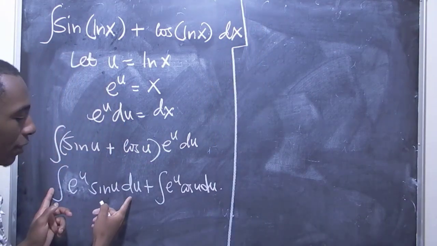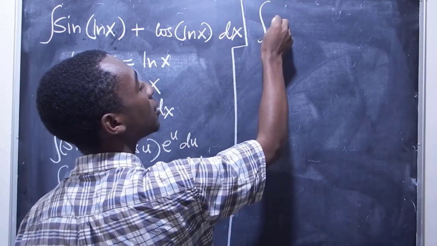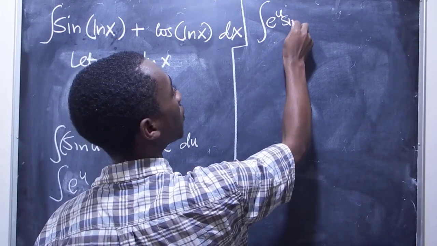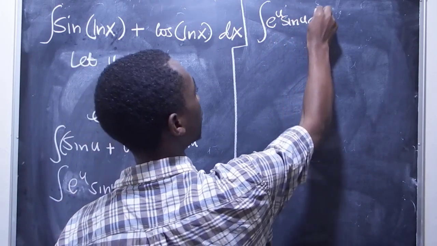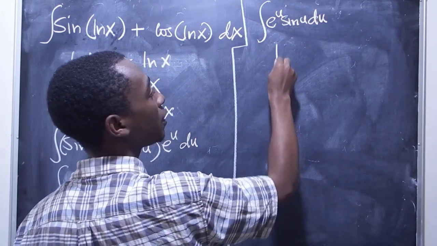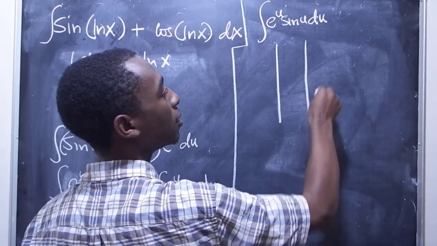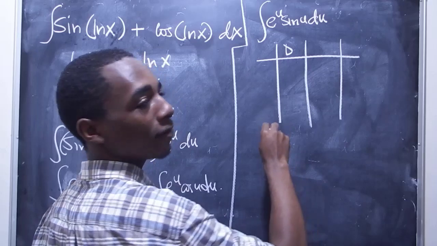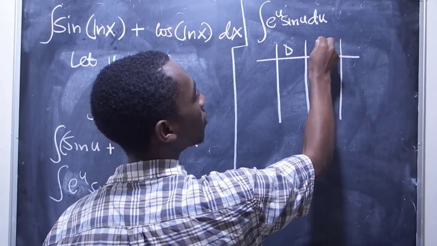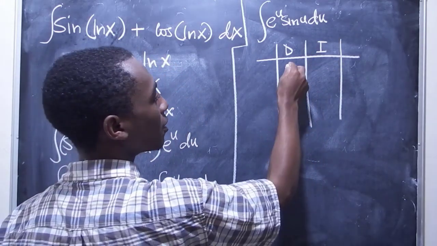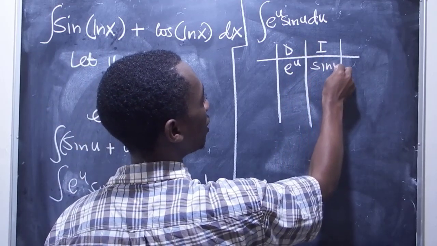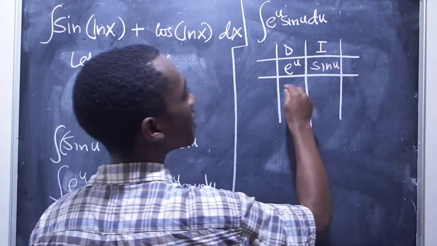So I'm going to begin with this alone, the integral of e to the u sine u du. So using the table method, I choose one function that I'll differentiate and then one function that I'll integrate. So let's differentiate e to the u and let's integrate sine u. That's nice.